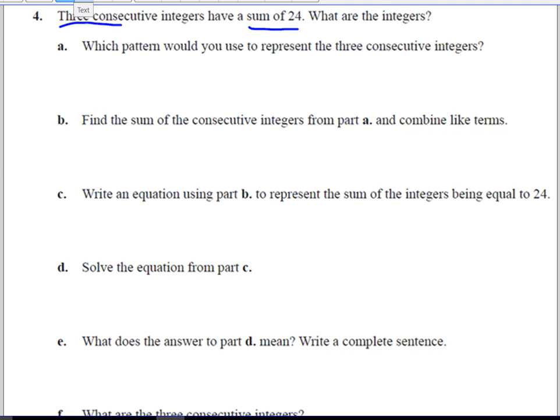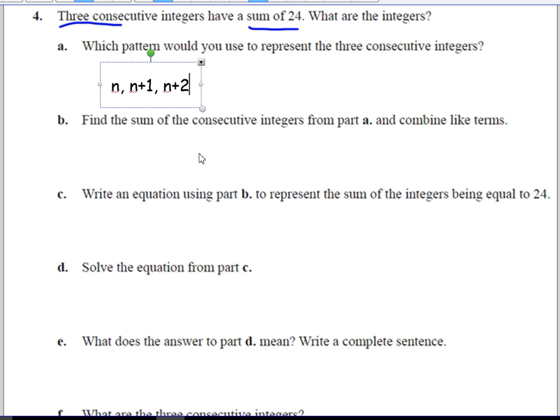So the pattern that we're supposed to be using, let's use n for our numbers, n plus 1, n plus 2. And we can stop there because we only need 3 numbers. So n is our first number, n plus 1 equals our second number, and n plus 2 equals our third number.